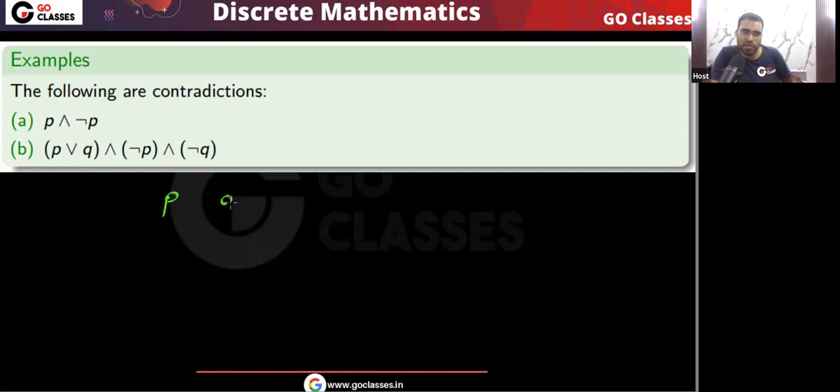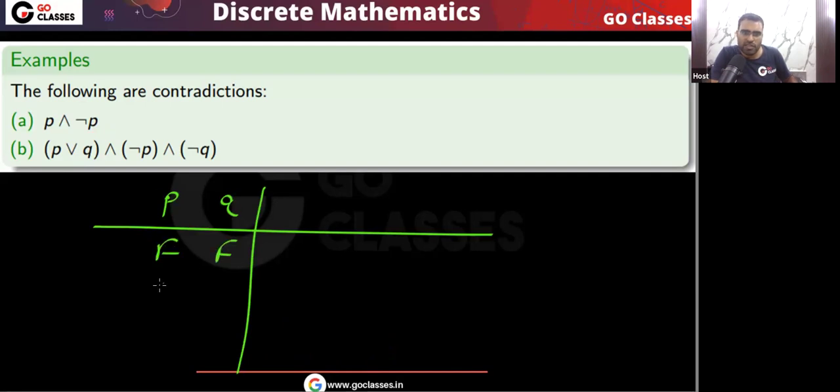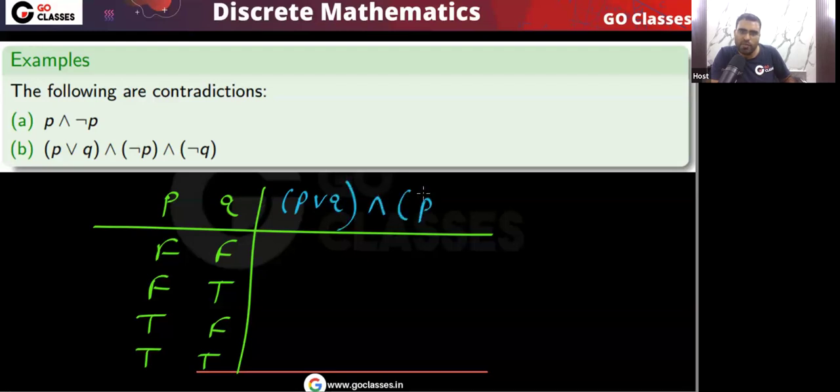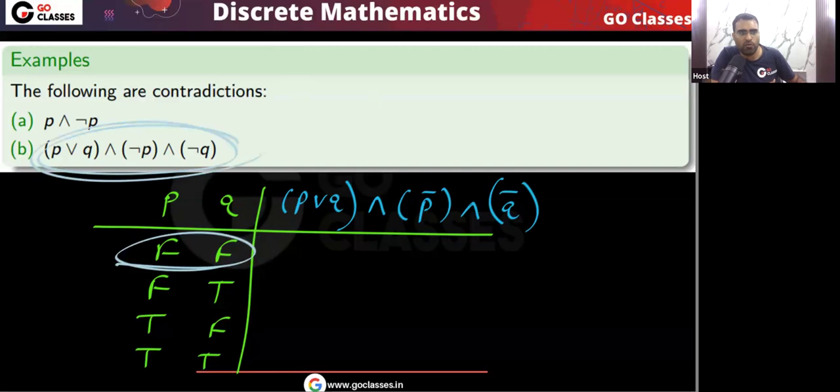Let's see option B. Contradiction means always false. So let's see this option B, that is P or Q and P bar and Q bar. For this truth value combination of P and Q, what will be the truth value of option B?